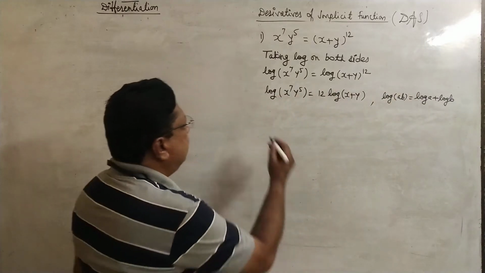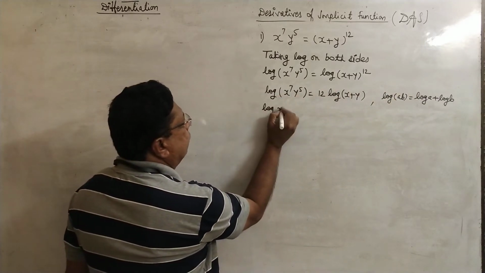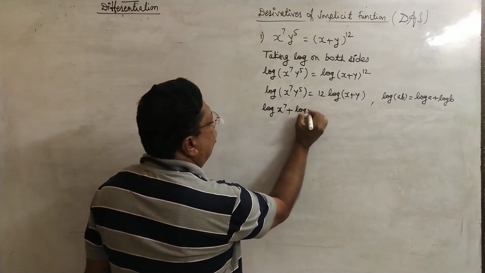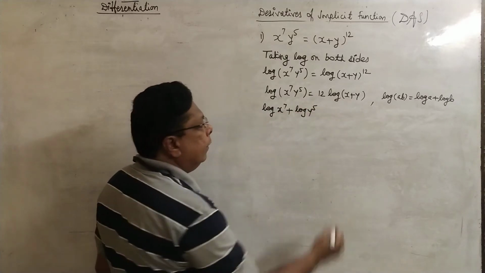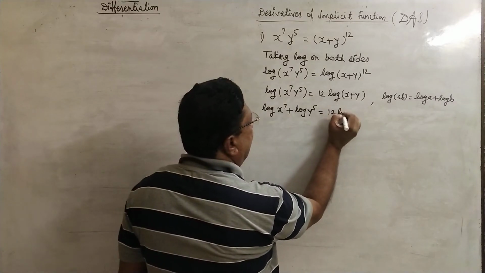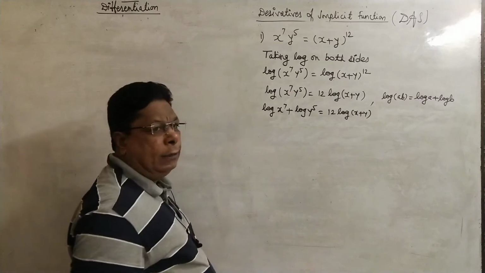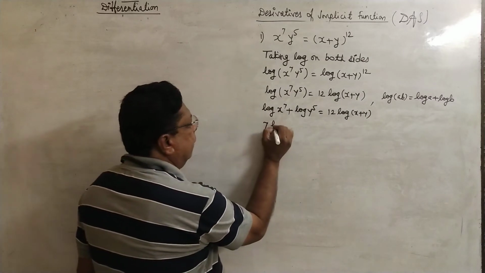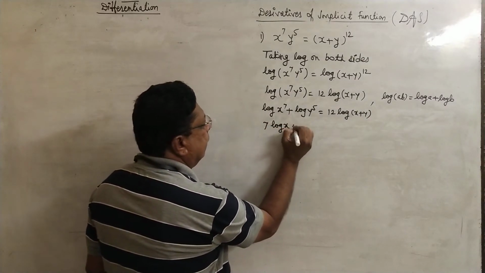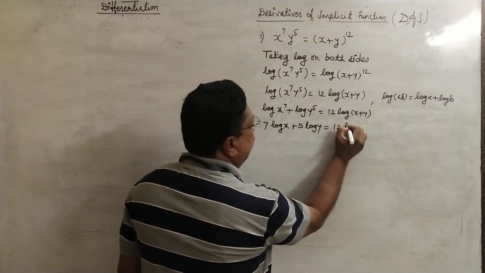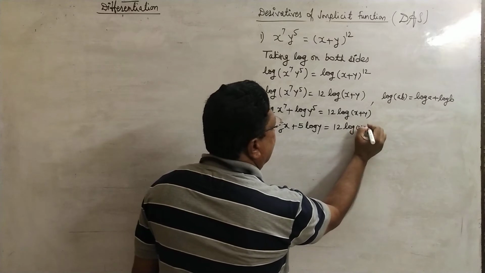So this becomes log x raised to 7 plus log y raised to 5 is equal to 12 log of x plus y. Now shift the power as coefficients, so it becomes 7 log x plus 5 log y is equal to 12 log of x plus y.